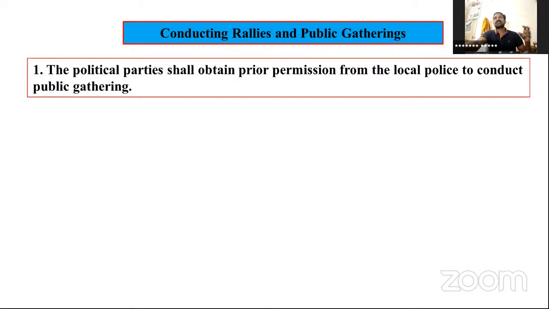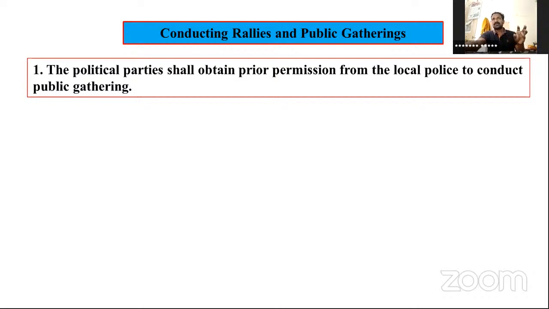Particularly, if I want to conduct a meeting in a particular area, then you should get permission from the local police. Every mandal has a police station. You have to bring the permission from there.